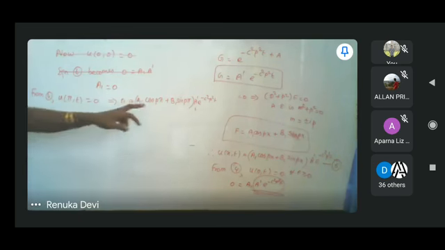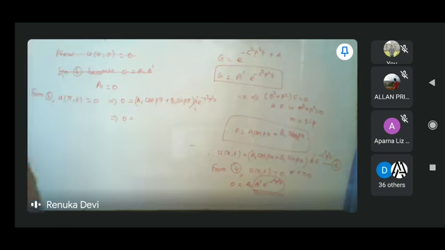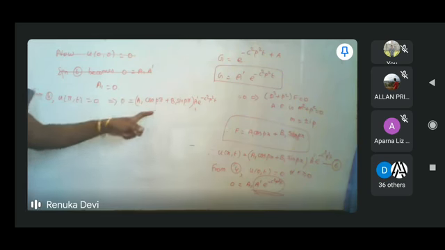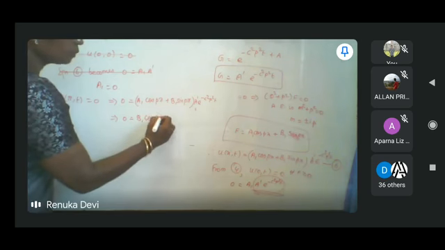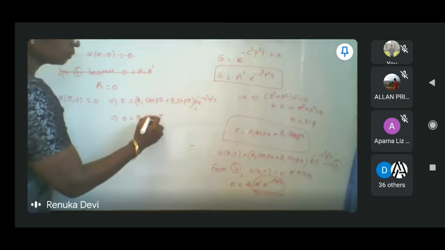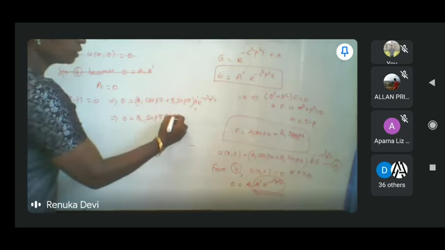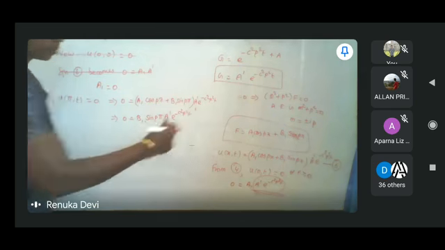What is cos p pi? Since a1 is 0, this term will be 0. This is b1 sin p pi a dash e power minus c square p square t.